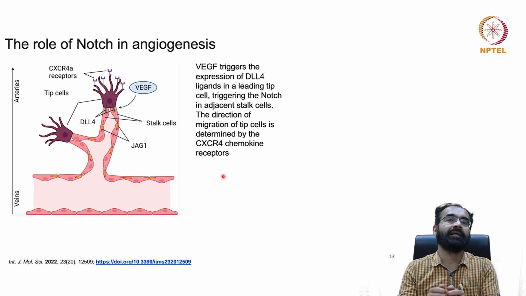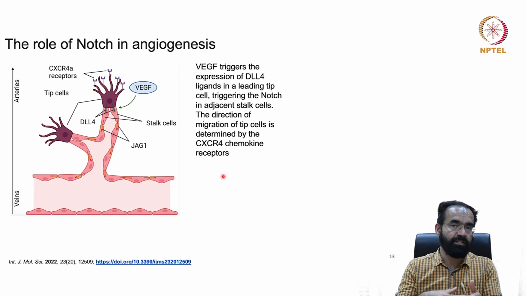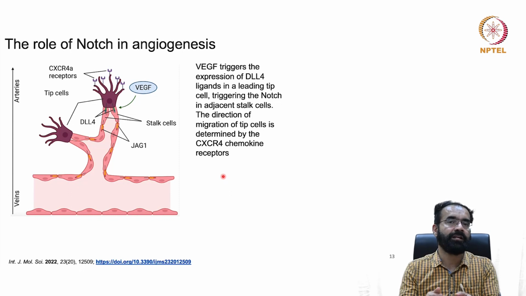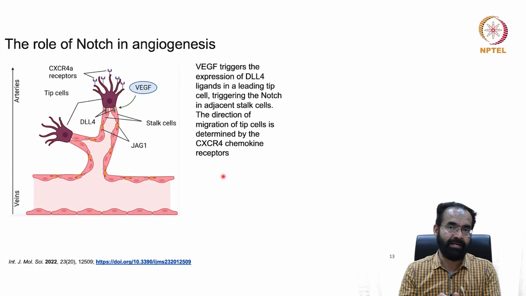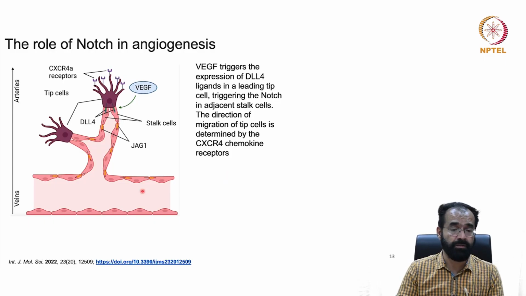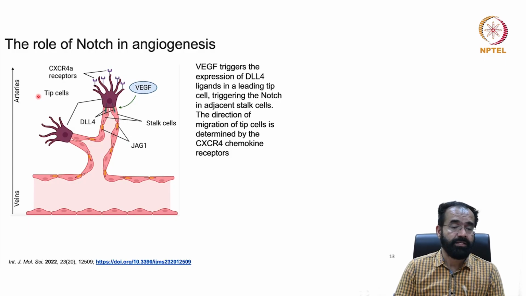It doesn't matter wherever the hook goes, if the fish is there, you can bring the fish back to you. Same logic applies. The chemokines bring a cell where they want the cell to come. It will attract, just like you put a light, the insects come to the light at night, right? Same logic.